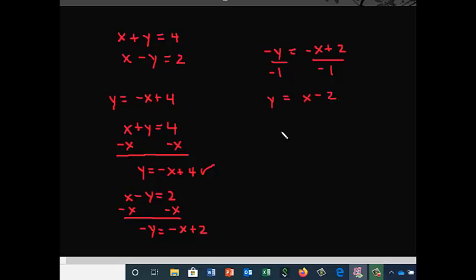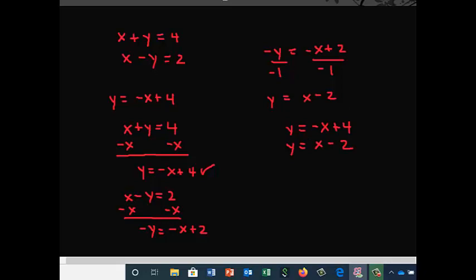So now we got the two new equations that are in slope-intercept form. We can actually take these two, and these are basics, and set them equal to each other.